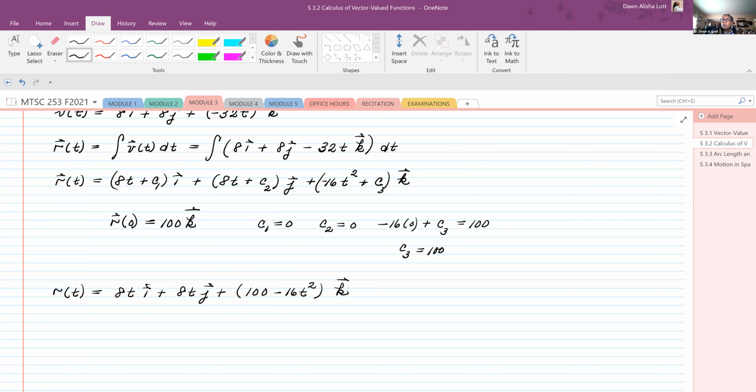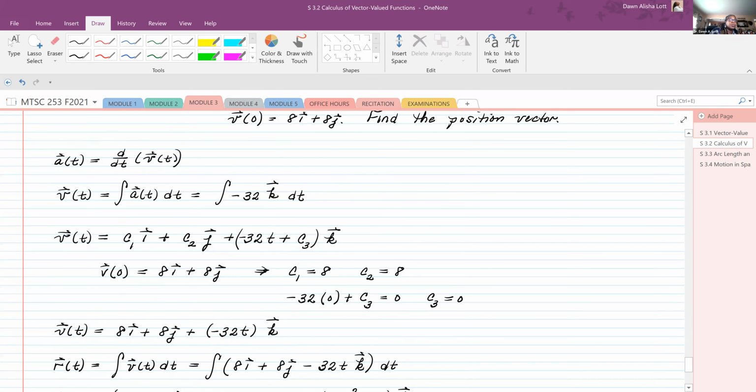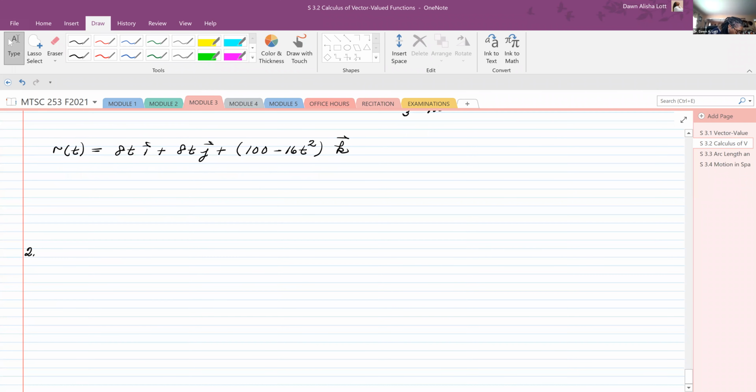Okay, one more. So in this one, I'm going to give you R double prime at t is equal to the sine of t i minus the cosine of t j plus 4 times the sine of t, the cosine of t k.